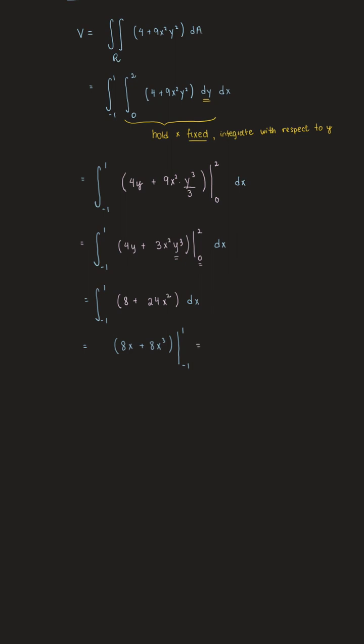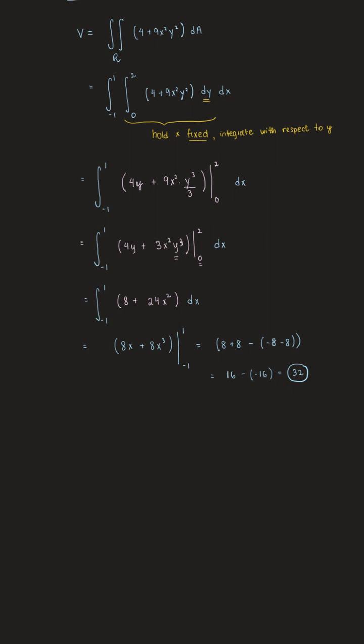Using the fundamental theorem of calculus, we're going to put in 1 for x, so I have an 8 plus 8, and then minus what I get when I put in a -1, so that's going to give me a -8 minus 8, putting in -1. And then we've got 16 minus a negative 16, or 16 plus 16, which is 32. And that is the value of our integral.